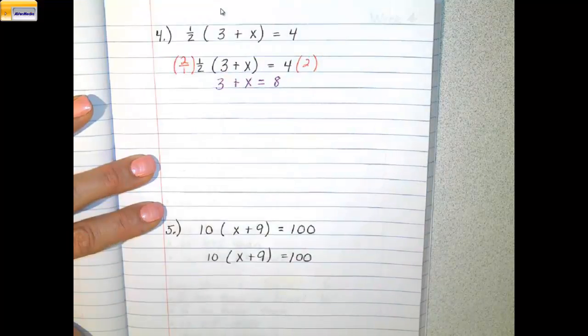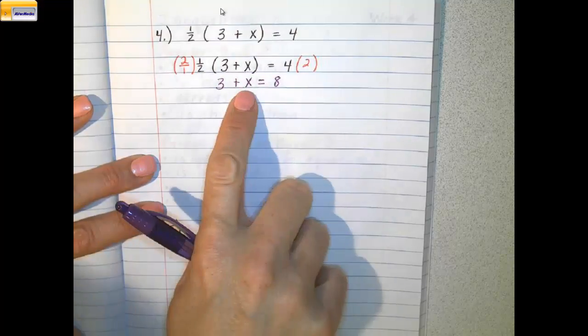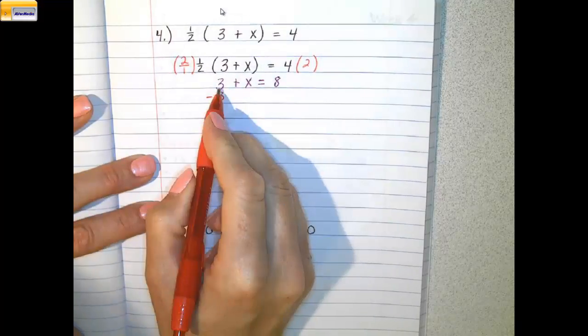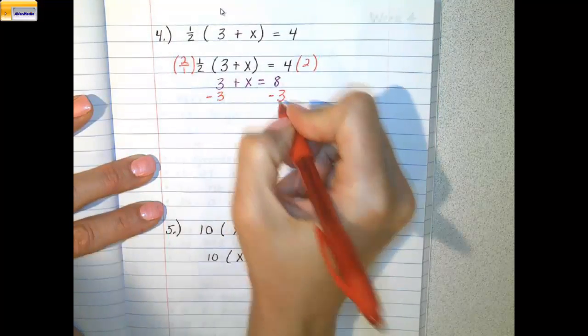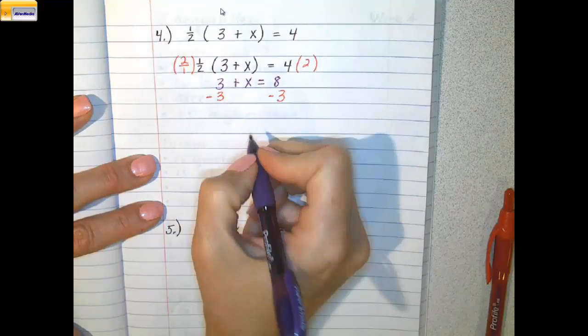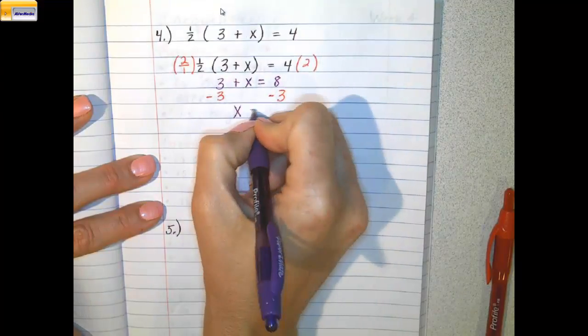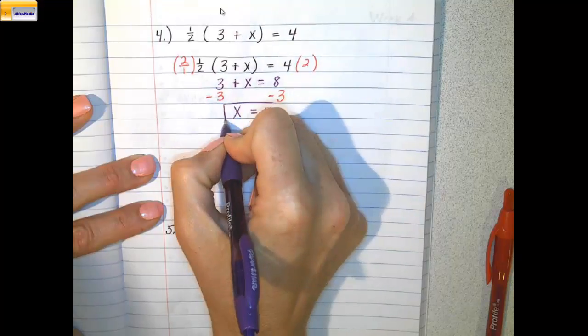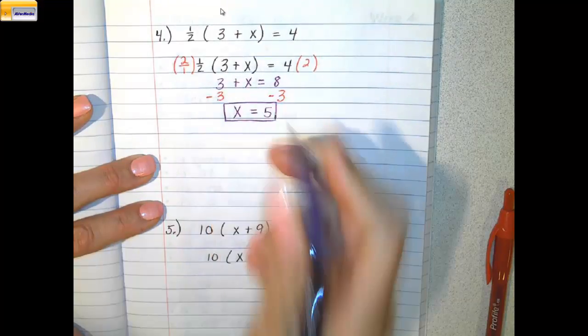So I now have 3 plus x equals 8. To get x by itself, I'm going to subtract 3, because this is a positive 3. I have to do that on both sides, and my final answer is x equals 8 minus 3 is 5, and that would be the solution to my equation.